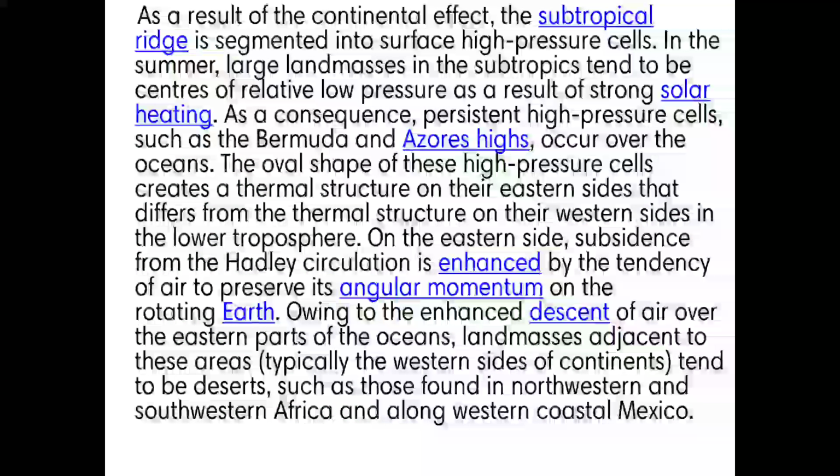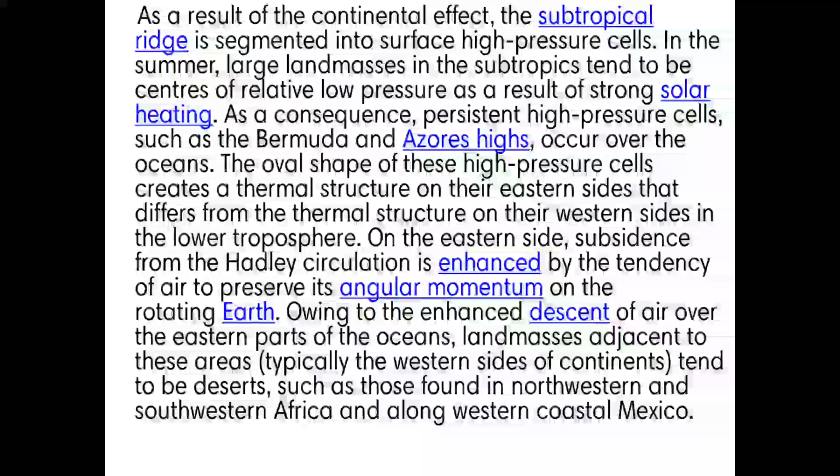As a result of the continental effect, the subtropical region is segmented into surface high pressure cells in the summer. Large land masses in the subtropics tend to be centers of relatively low pressure as a result of strong solar heating.